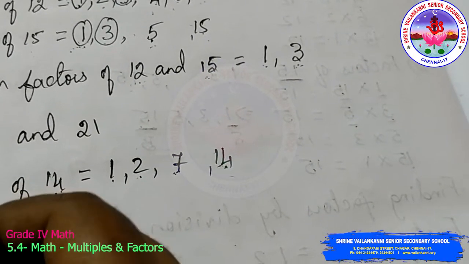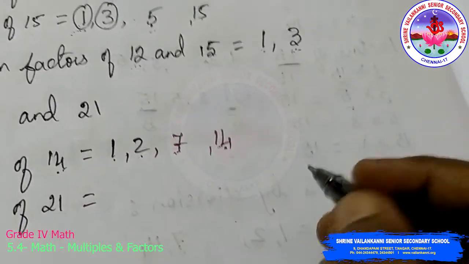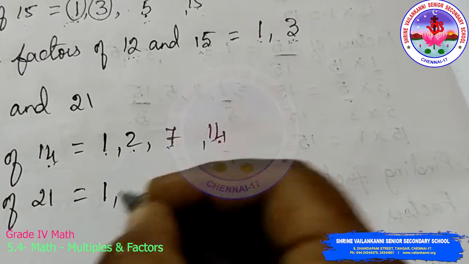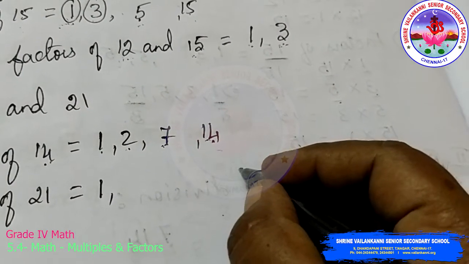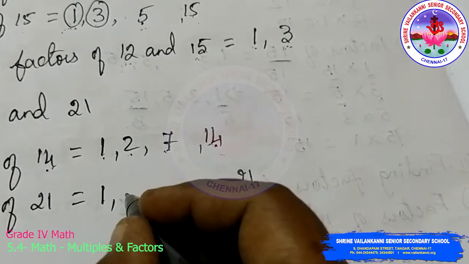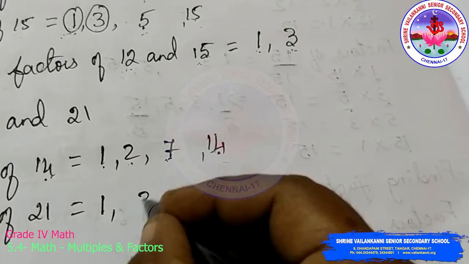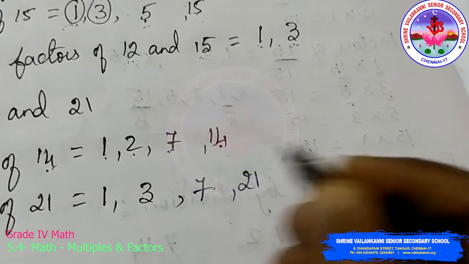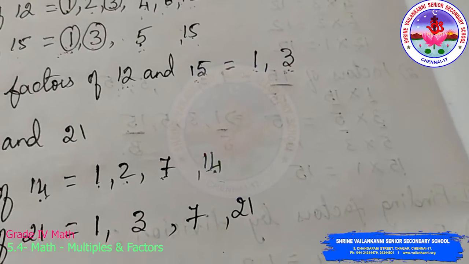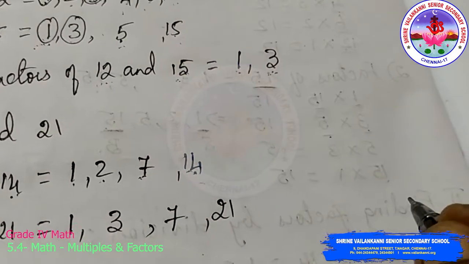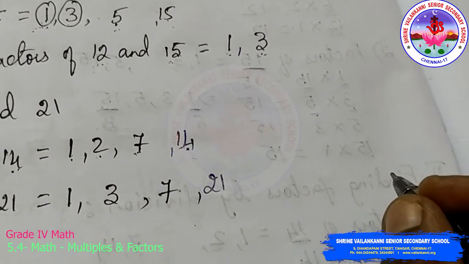And then factors of 21. Again, 1 21s are 21. The 2 table will not get it. In the 3 table, 3 7s are 21. Will the 4 table get 21? No. 5 table? No. 6 table? No, we will not get 21 in the 6 table. 7 table?